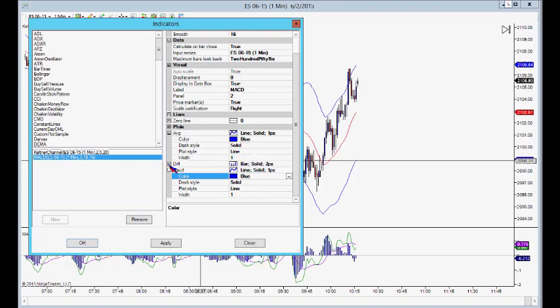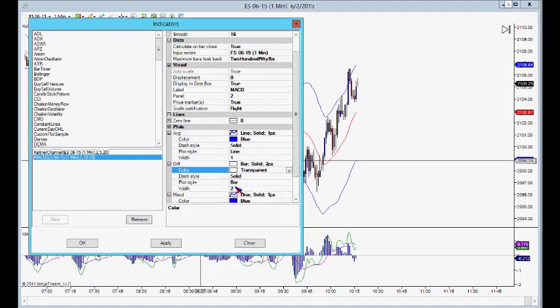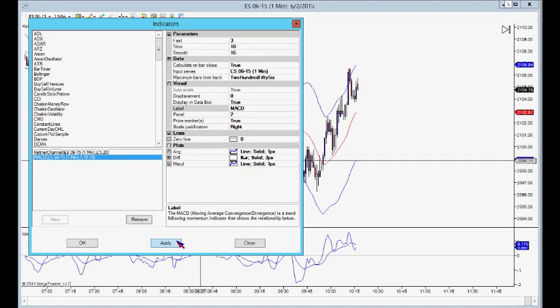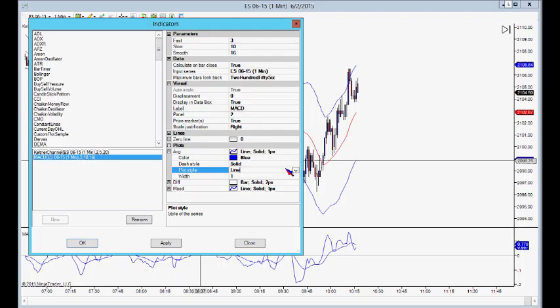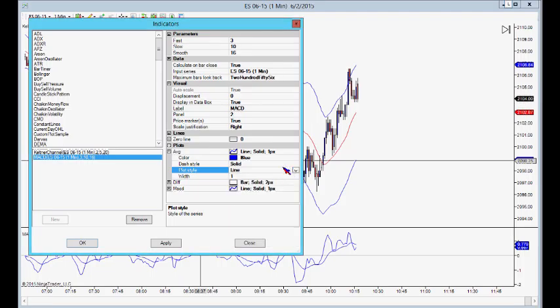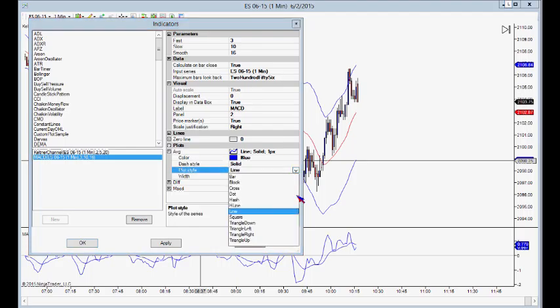Go here where it says difference and make it transparent. So now we're getting the outline for what we're looking for. Where it says plot style.